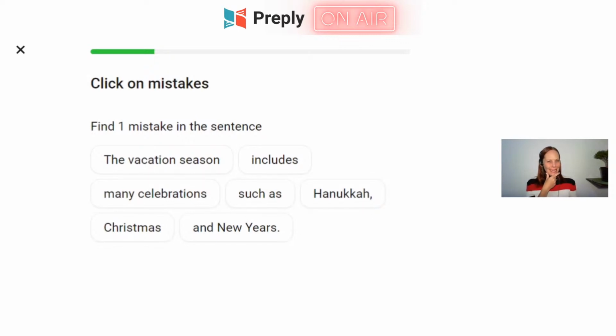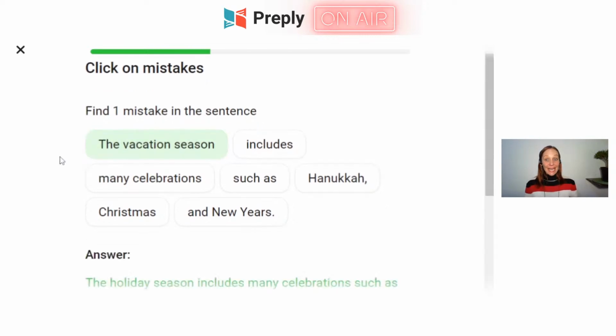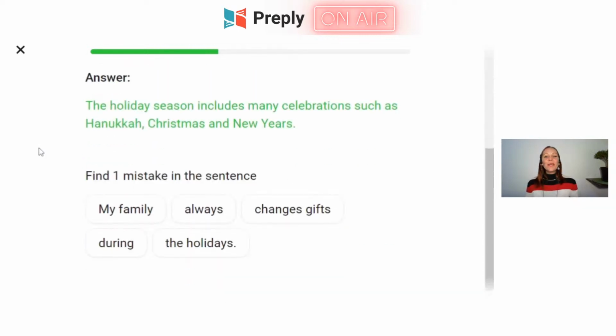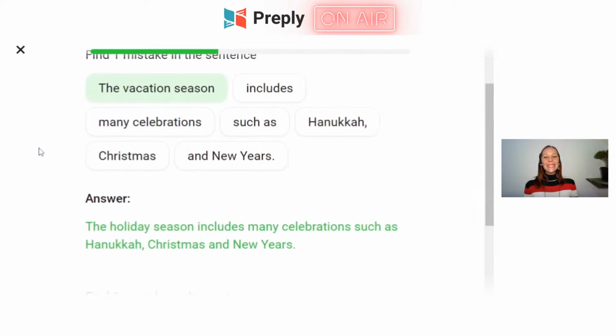Now, there is something in there that doesn't look the same as our first vocabulary words. Can you see what that is? Right, the vacation season.